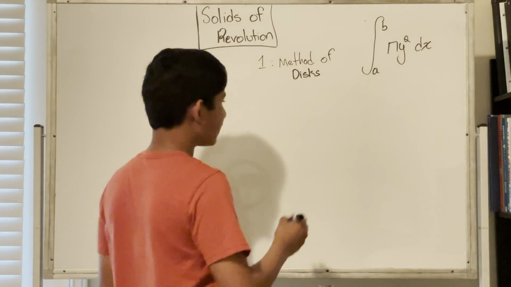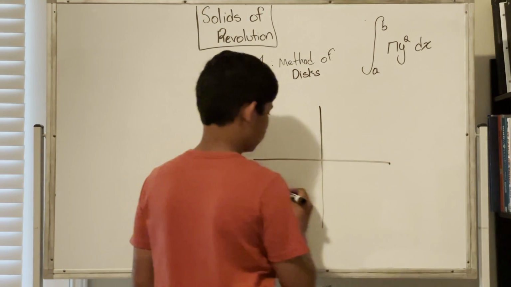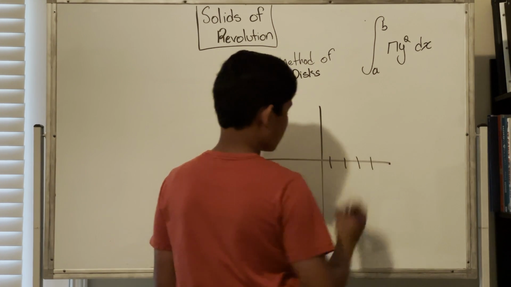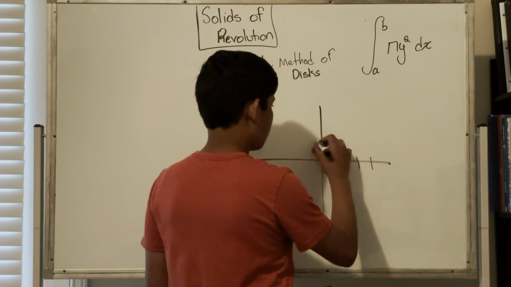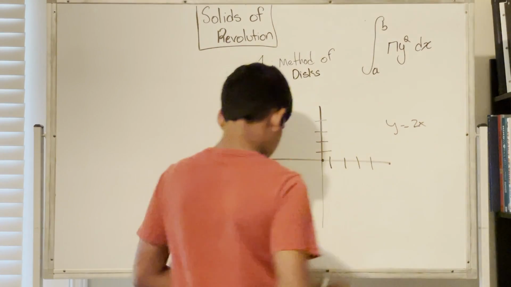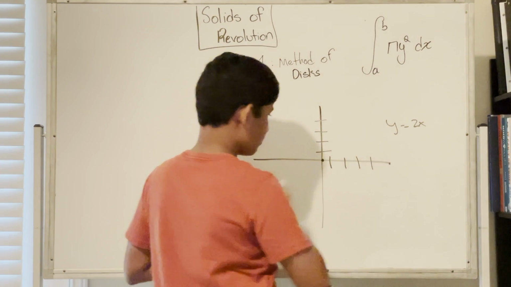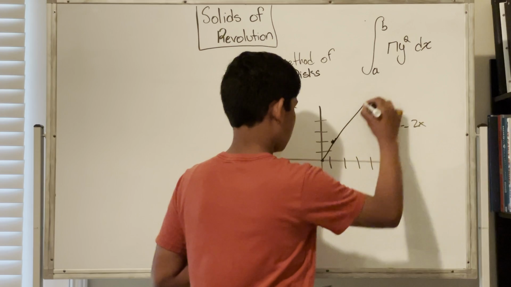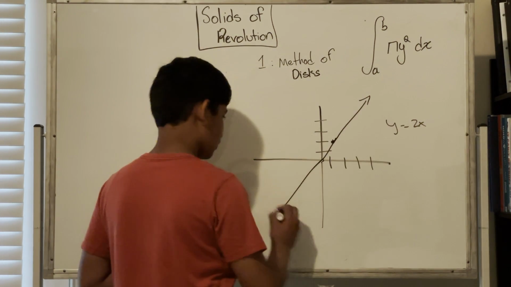So we're going to have a line, and this line is going to be y equals 2x. So that's going to be the function for the line, which means that this is how the line is going to be structured.